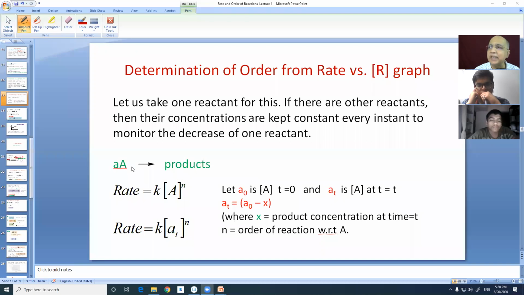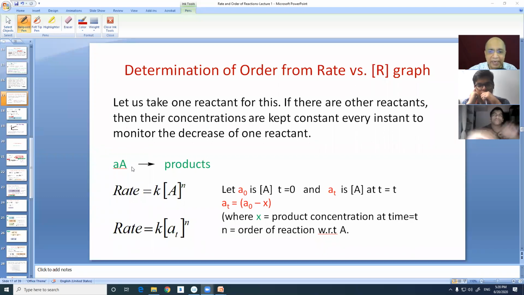Even if there is a second reactant, we will deliberately make the concentration of B fixed. As much B is depleting, going out, the same amount of B will be filling up. So the B concentration we will be keeping constant and allow A to decrease in its own way to find the order.